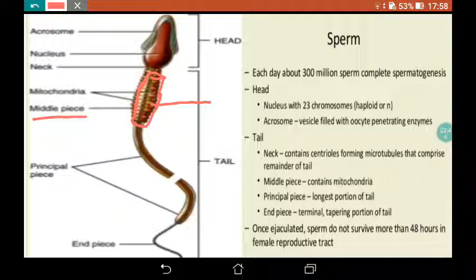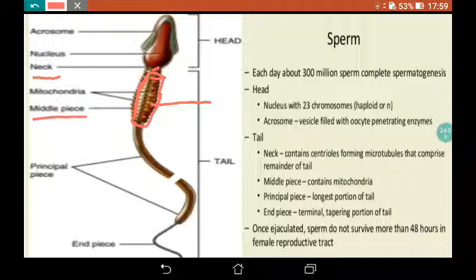Between the head and the middle piece, there is one very small structure called the neck. The neck is very important because it shows the presence of centrioles. Centrioles, as you know, are always present in pairs. So in the neck region two centrioles are present, the proximal and the distal centriole.